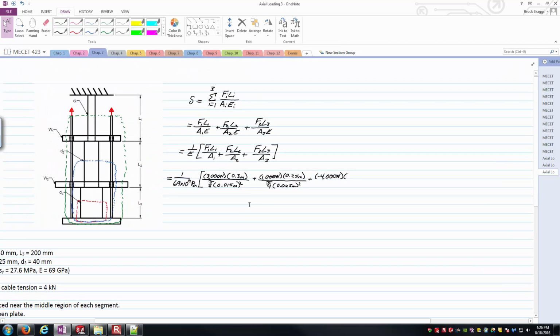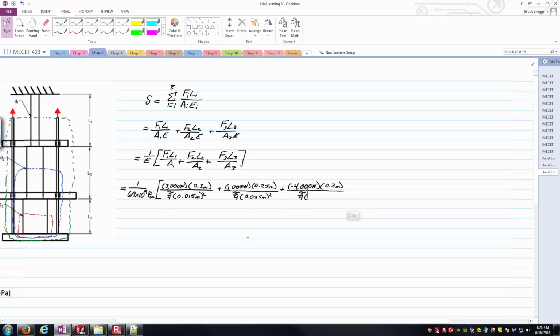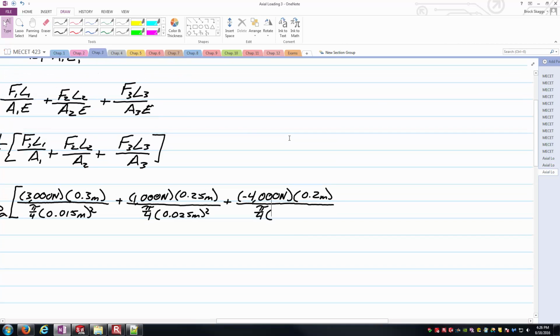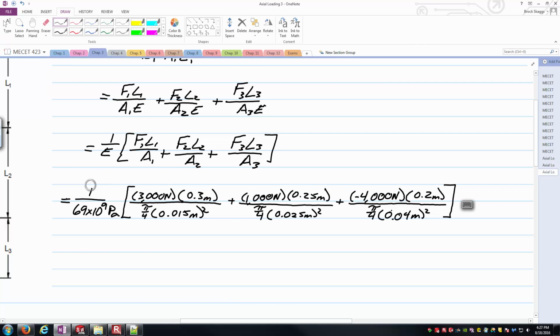L3 is 200 millimeters, so 0.2 meters, divided by pi over 4 times the diameter of section 3, which was the biggest at 40 millimeters, 0.04 meters squared. Close our square bracket, and there we have it.